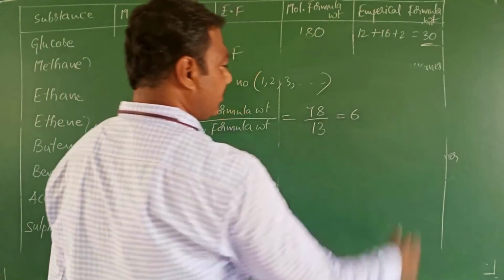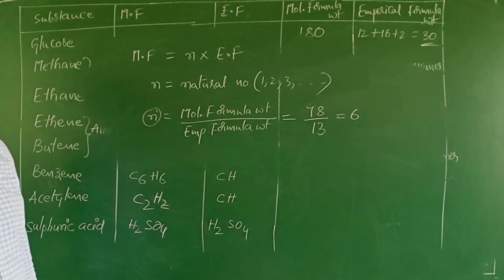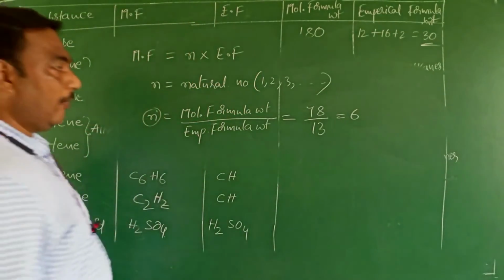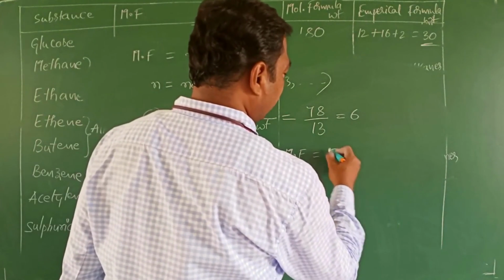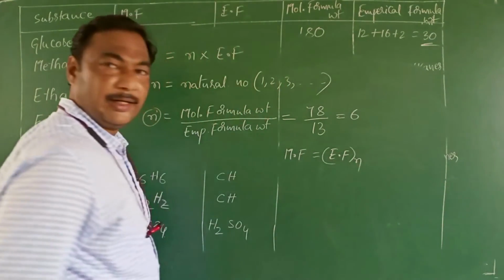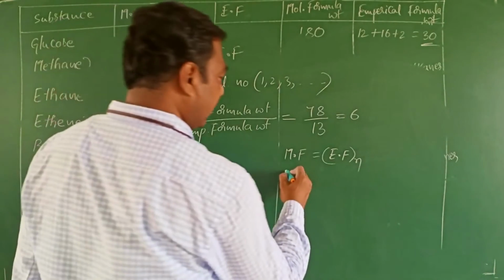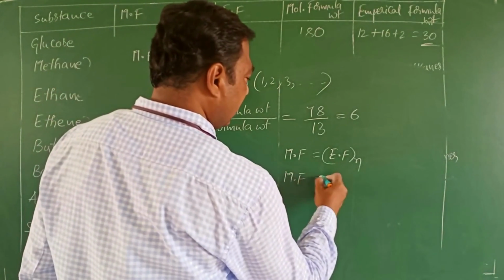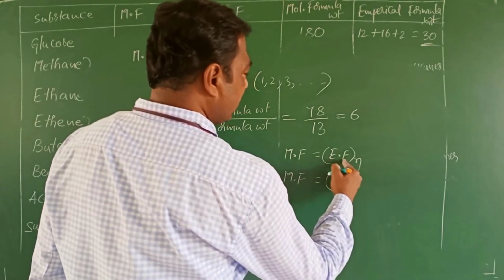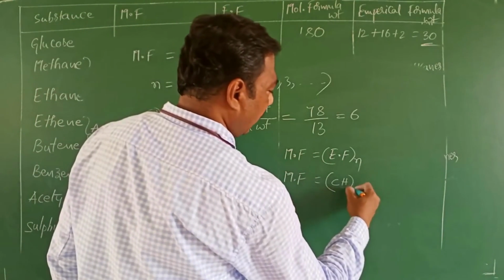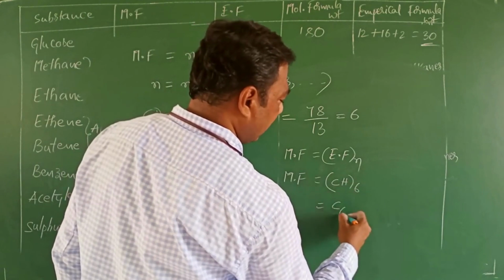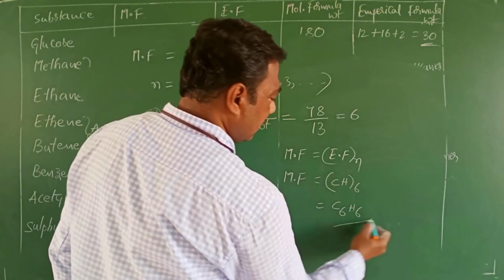Therefore it will be how much? It is 6. Now here empirical formula taken n times. That is molecular formula is equals to, what is the empirical formula? CH. Taken how many times? 6 times. Therefore we write as C6H6.